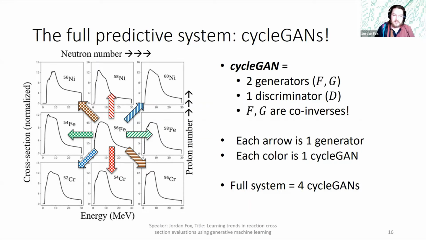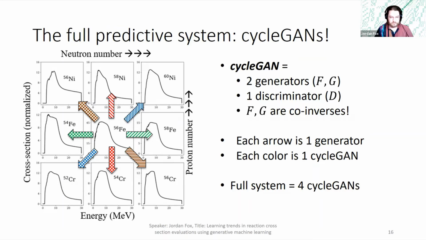I mean, it's the same as the two networks that I've described already, but it fits better with this concept of the model I described at the beginning. So in the cycleGAN, we actually have two generators. That's F and G. So these are those two functions. We have the single discriminator that works on the pairs X and Y. And in this case, F and G, the two generators, are co-inverses. And that's exactly what we wanted in the first place.